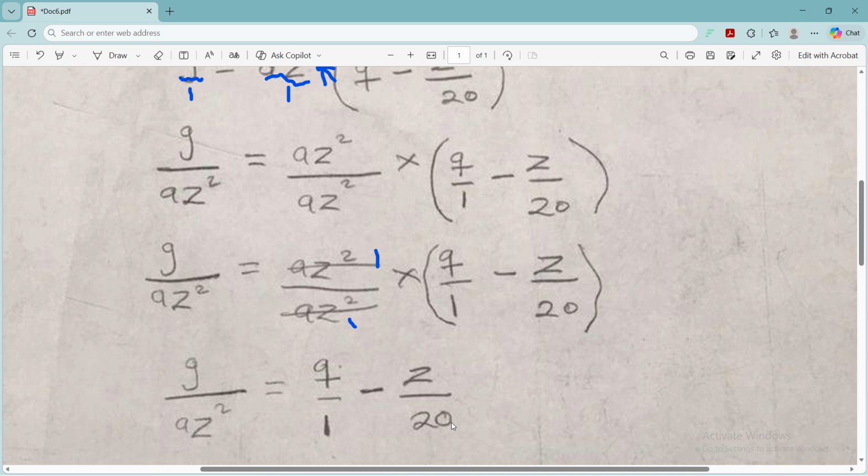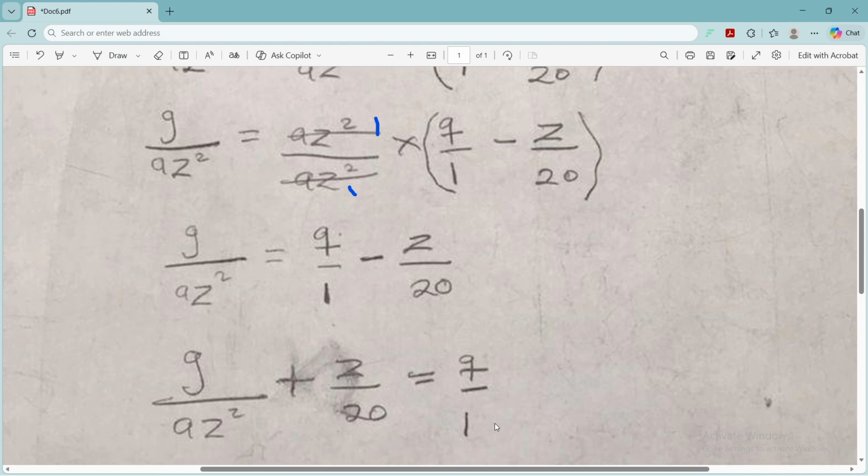But here our fraction is negative, so it will cross the equal to sign to become positive. So our new equation is the fraction j divided by az squared plus the fraction z divided by 20 equals the fraction q divided by 1.